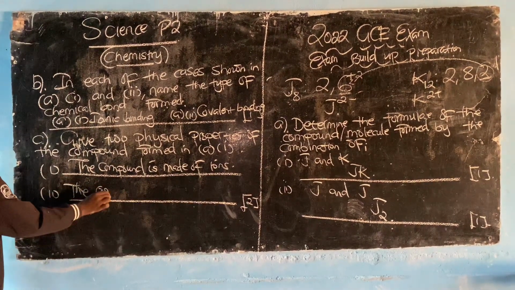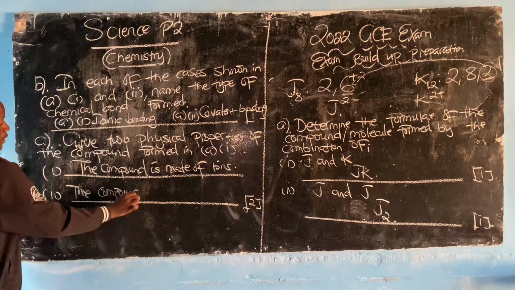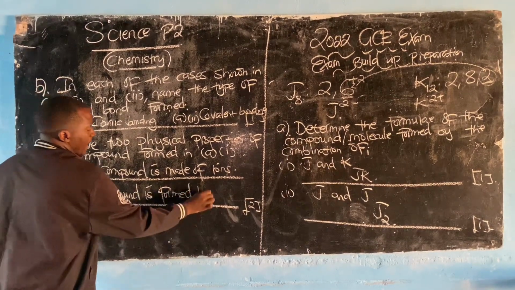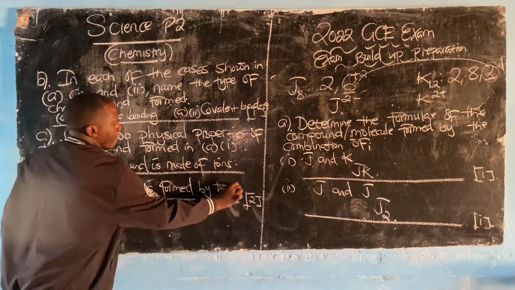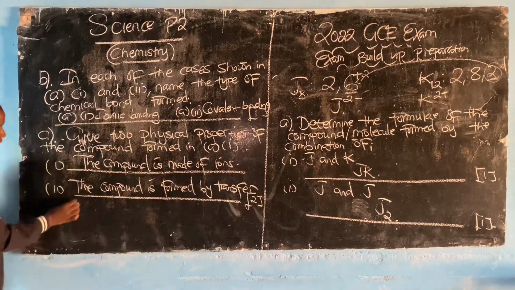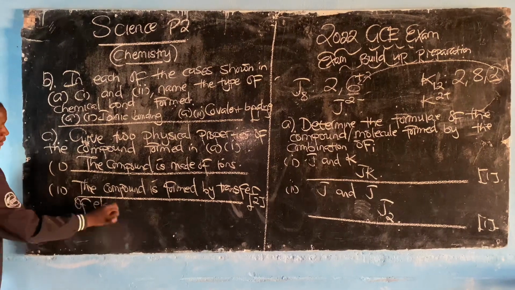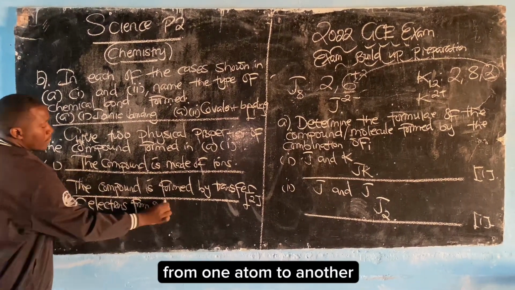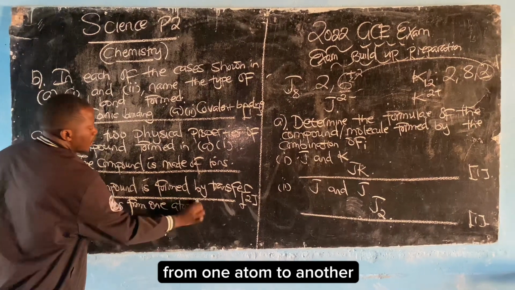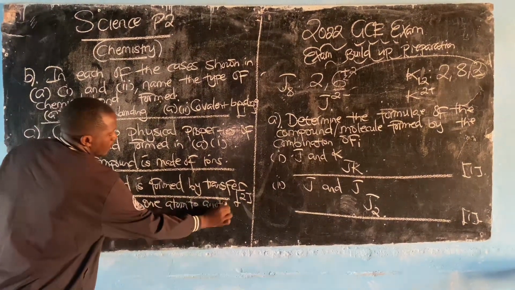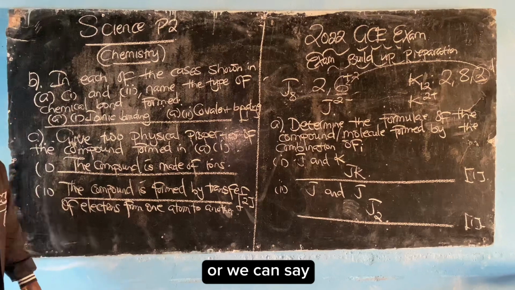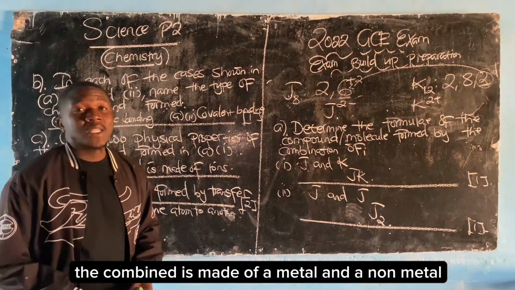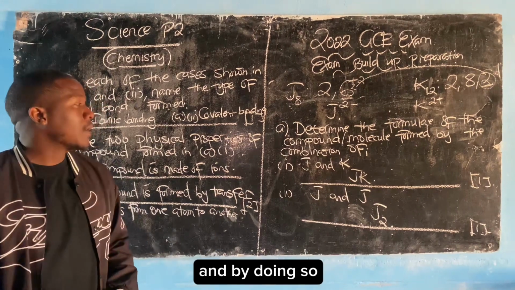The compound is formed by transfer of electrons from one atom to another. Or we can say the compound is made of a metal and a non-metal.